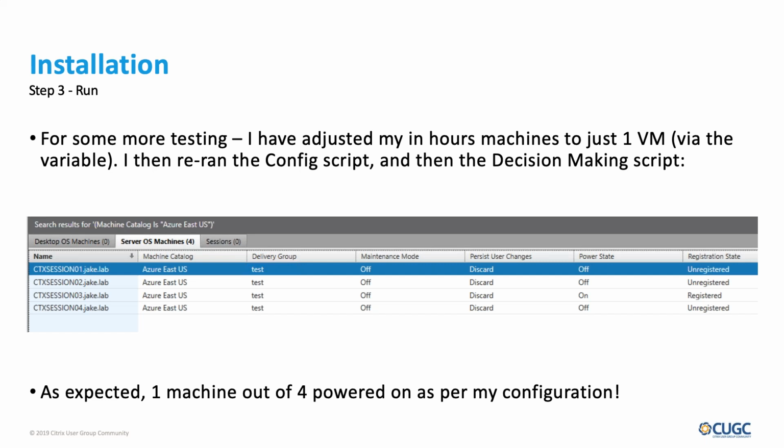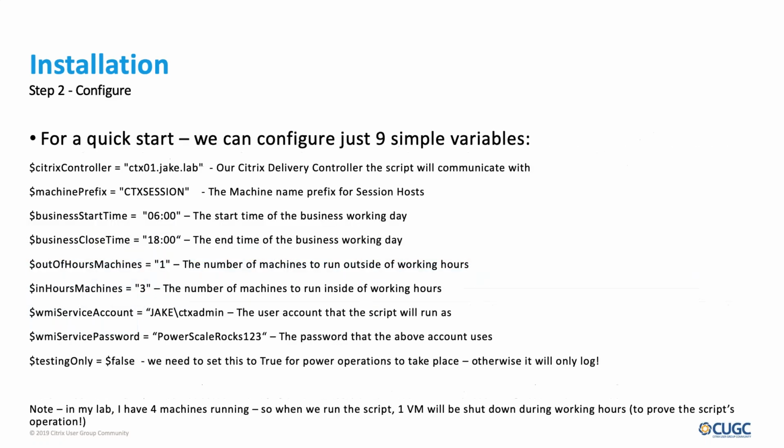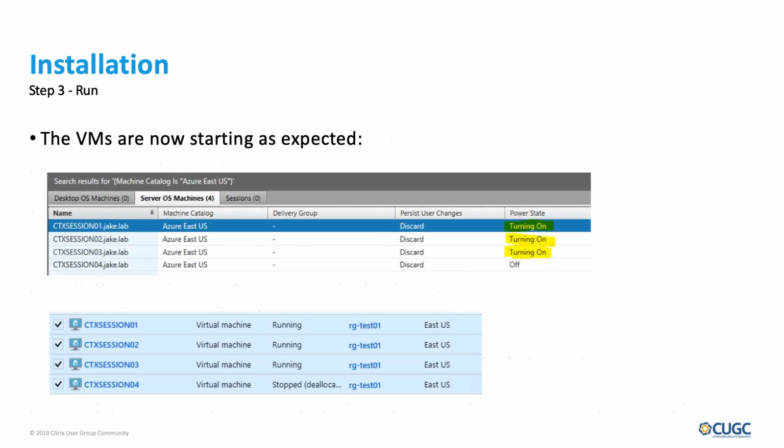So that's the end of the installation and running. As you can see, it's very straightforward. Literally just a case of making sure the right variables are there. For a simple test, just 9 variables will do. And as you can see here, even with a small environment, so this environment's only 4 virtual machines, but let's take a practical example. If these virtual machines cost, pick a number out the air, £2.50 a day to run, so we've got a whole £10 worth of virtual machines running.